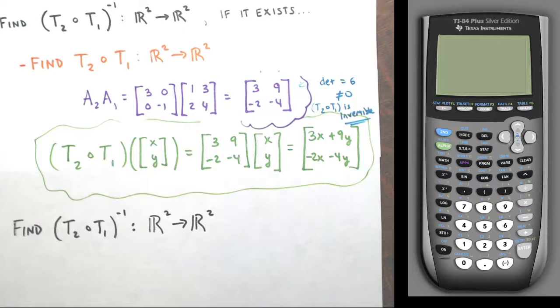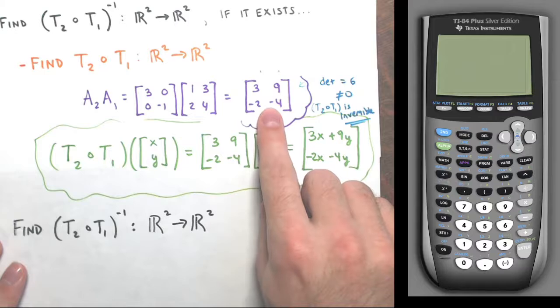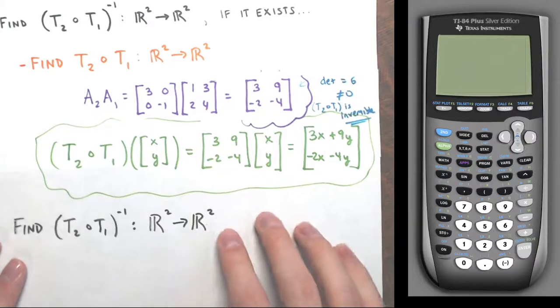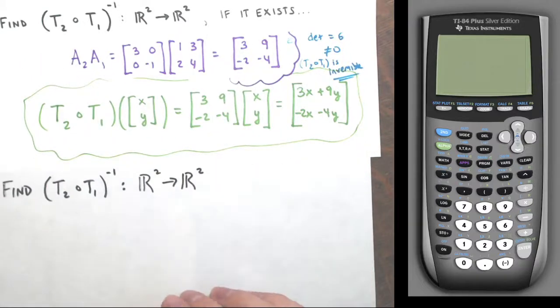Now there's a couple ways you can find the standard matrix for the inverse of a composition. One is, I found the standard matrix for the composition here, and then you just find the inverse of this like I have been. So I can do that right now. Pretty simple.